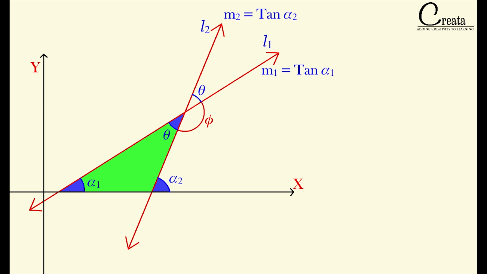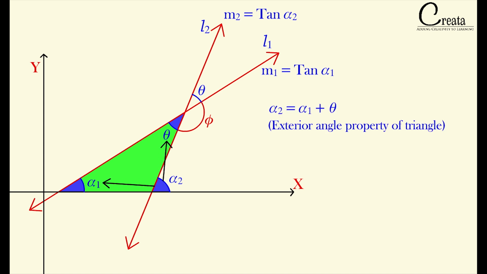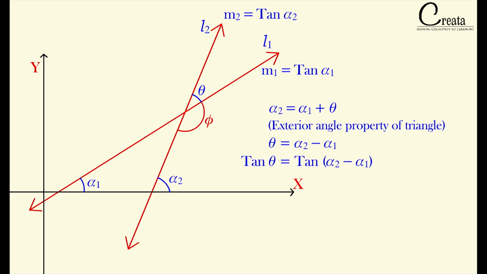Can we apply the exterior angle property of the triangle? That is, the exterior angle is equal to the sum of the two opposite interior angles. That is, alpha 2 will be equal to alpha 1 plus theta. From this equation, theta will be equal to alpha 2 minus alpha 1. Can we write this as tan theta is equal to tan of alpha 2 minus alpha 1?